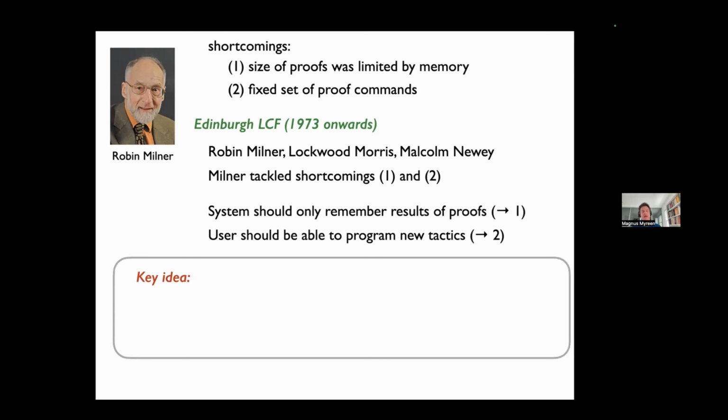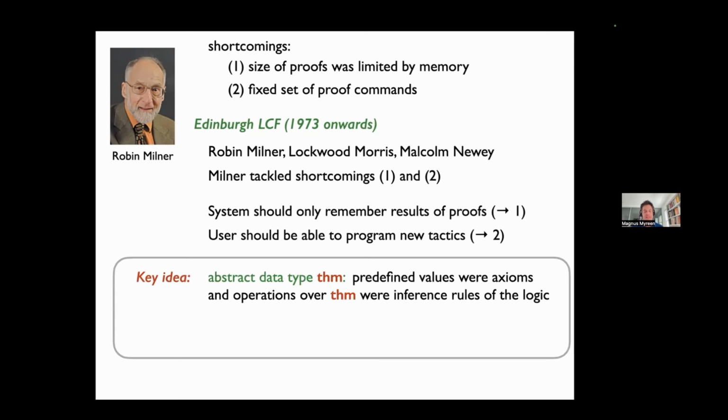Okay, so he had a key idea, and this is it. Especially addressing number one, we introduce an abstract data type called Theorem, or Thm. The predefined values are the axioms of the logic, and then there are functions over the Thm type that implement the inference rules of the logic.